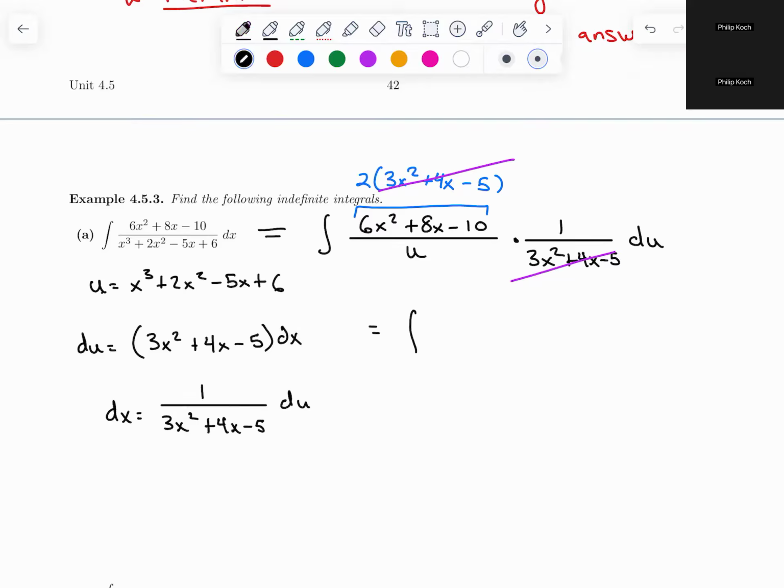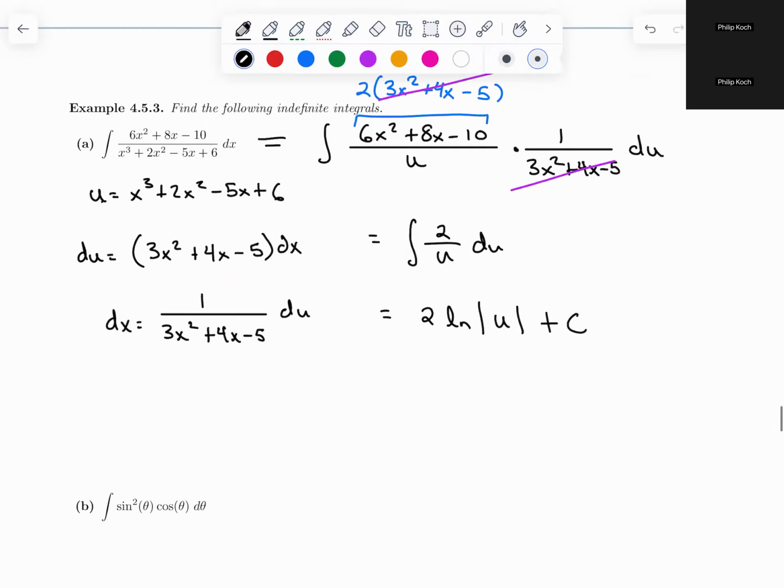Now we have the integral of 2 over u du, which is really 2 times 1 over u. So what's the antiderivative of 1 over u? Natural log of the absolute value of u. So this is equal to 2 natural log of the absolute value of u plus a constant c.